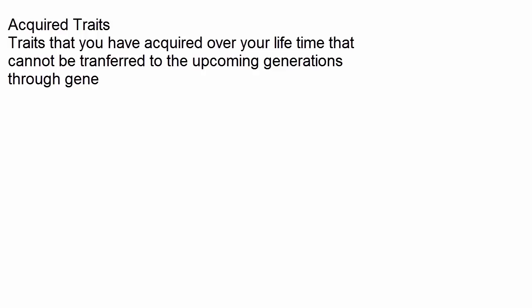So now, what are acquired and inherited traits? Well, what are the differences? Actually no, let's start with the definition. Acquired traits are basically traits you have acquired over your lifetime. That's basically, maybe you got an ear piercing or nose piercing, or you tried to dye your hair or anything like that.